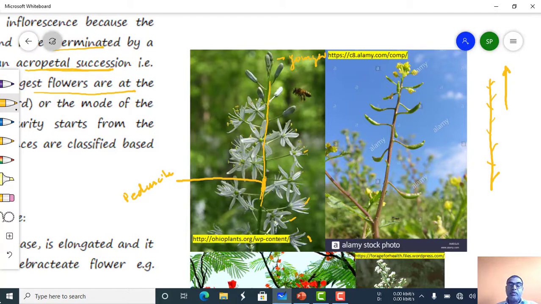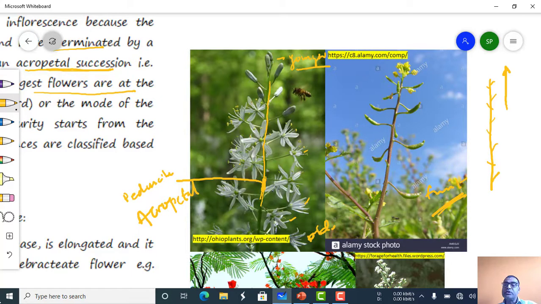Acropetal succession: older flowers are present at the base, younger flowers present at the apex. This arrangement of flowers is called acropetal succession.